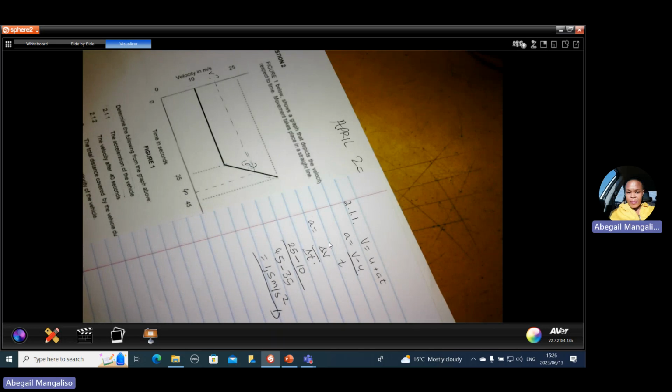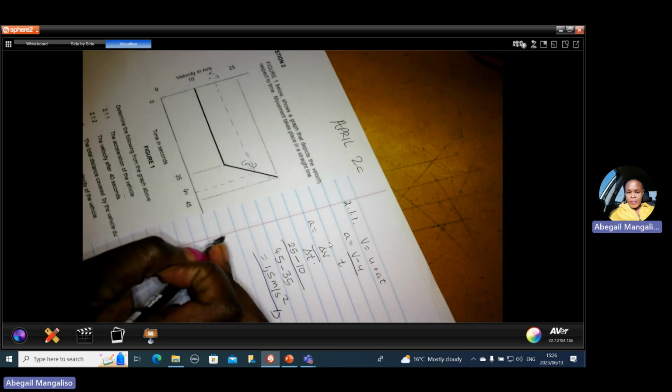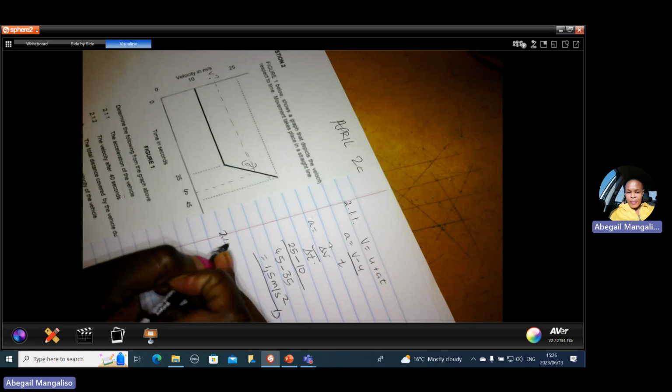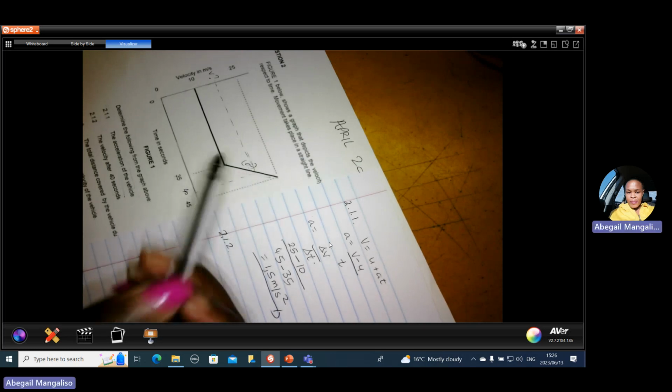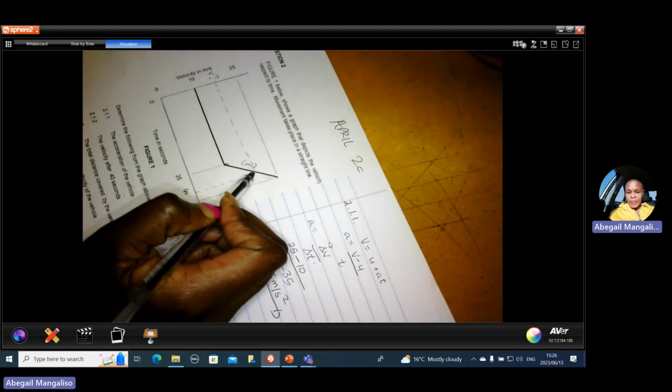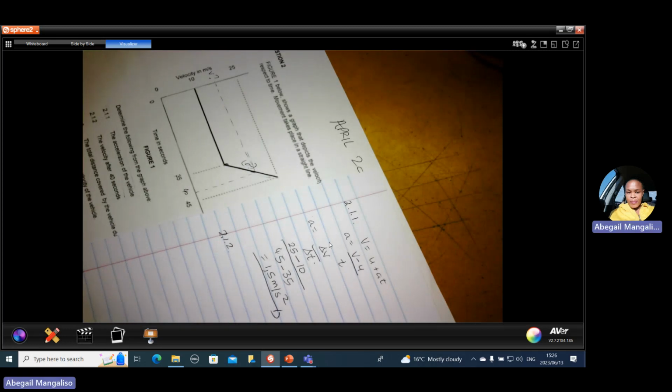Now to calculate this velocity, you can calculate it or you can measure it by using the scale to sketch a graph. To calculate it, 2.1.2, we're going to use from this point to this point up to 40 seconds. Same formula.